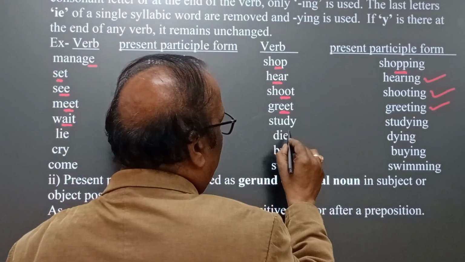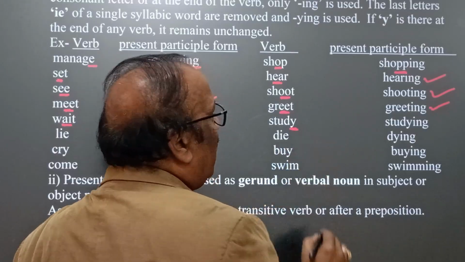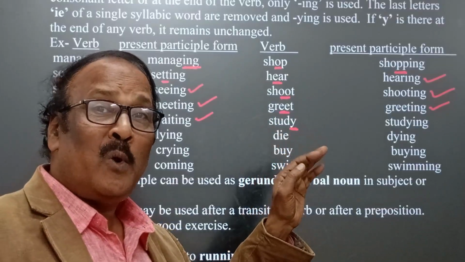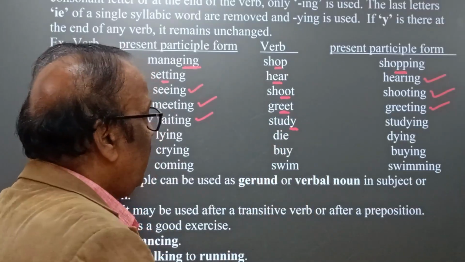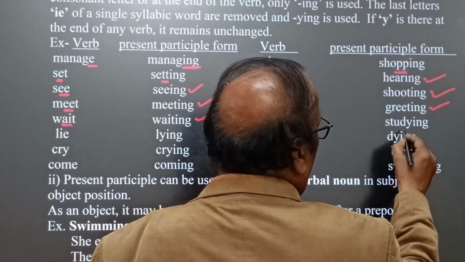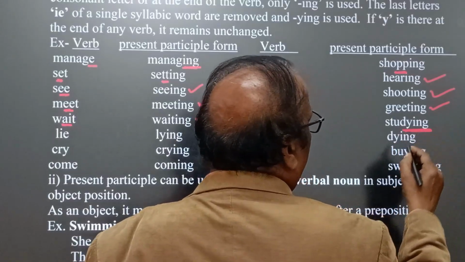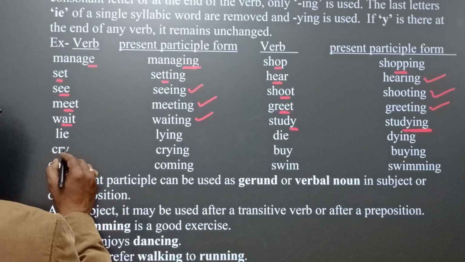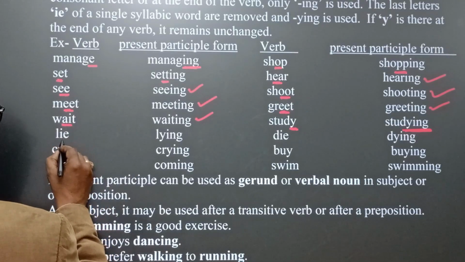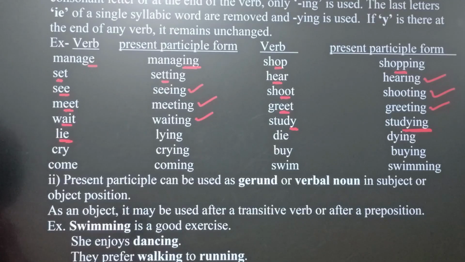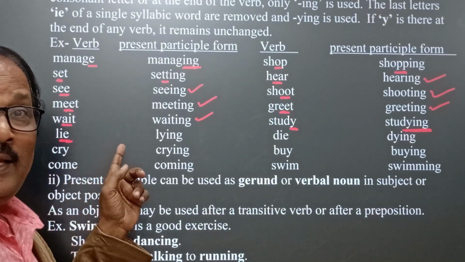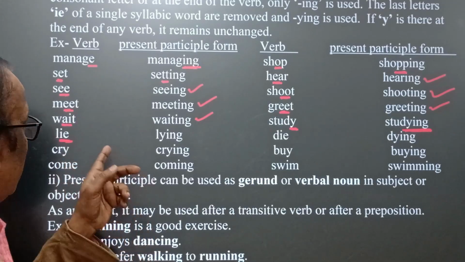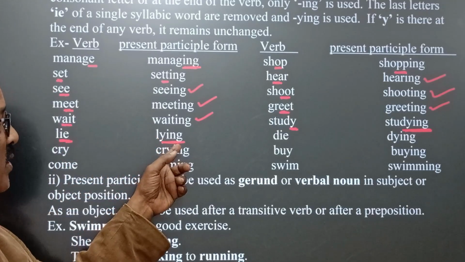Study. You see here it ends with Y. As we have discussed, if any action verb ends with Y, then no change is there. You see, studying. Here YING. Therefore we don't drop Y. Lie. Remember, we have discussed that if IE is there at the end of a single syllabic word, the two letters IE are dropped and YING is used.